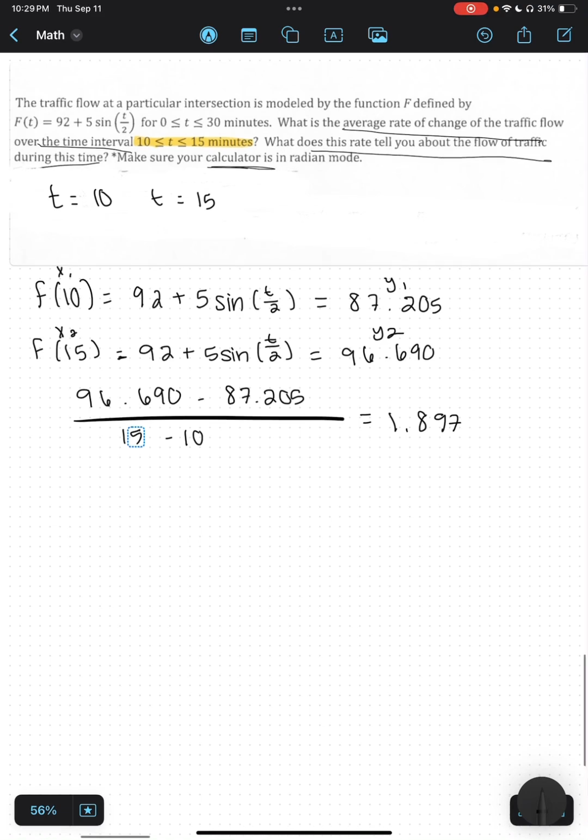And this is telling us that the average rate of change is almost 2, but we're not asked to round. But basically the average rate of change is telling us that as the traffic flow continues, it is increasing.